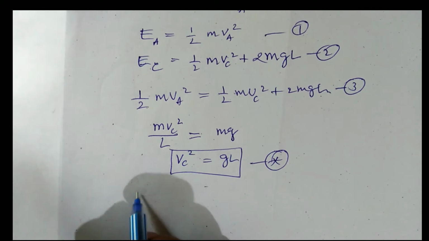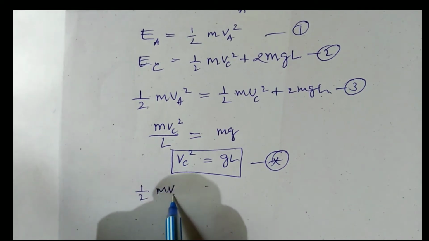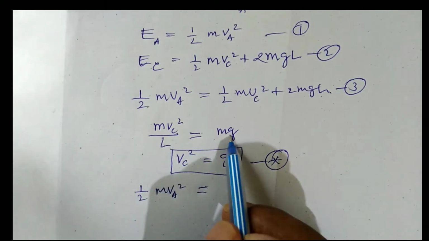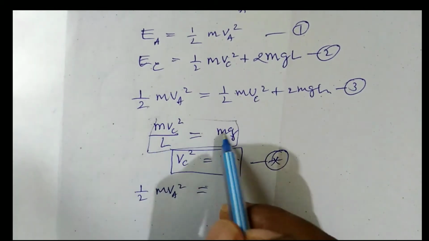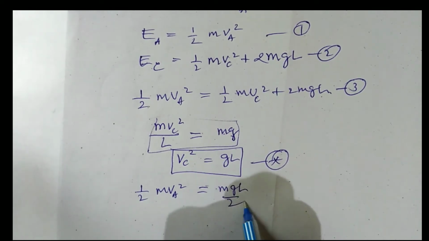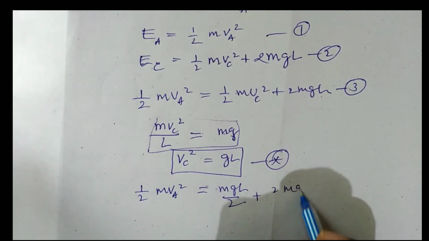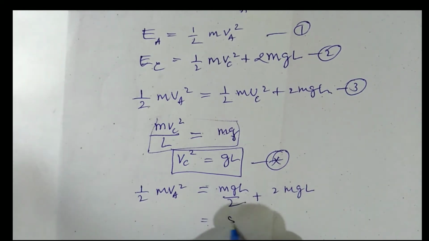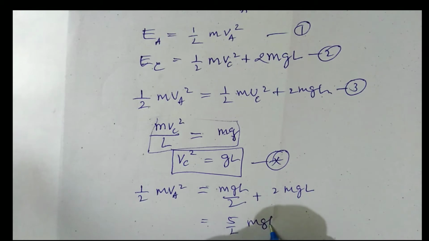If you substitute here, half mv_A square equals half mv_C square plus 2mgL, that is mgL by 2 plus 2mgL, so it becomes 5 by 2 mgL.